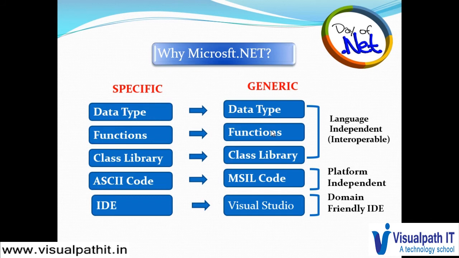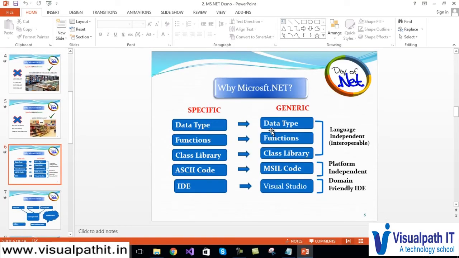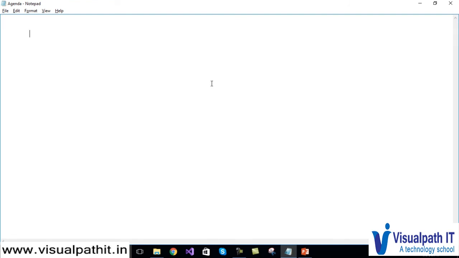The first point of focus of Microsoft was to make a software which is language independent, or we say interoperable. So let us understand the first concept. Under why Microsoft .NET, we are trying to understand the first target.